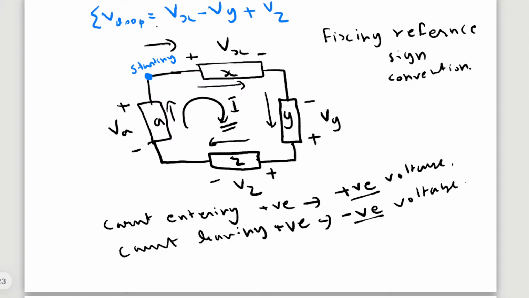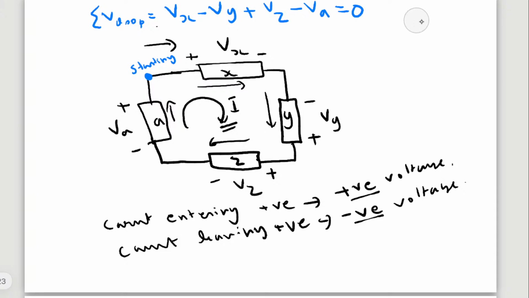Then next, here current is entering negative or leaving positive, so I can write negative Va equal to 0. So in another format, this can be written as Vx minus Vy plus Vz minus Va equal to 0.